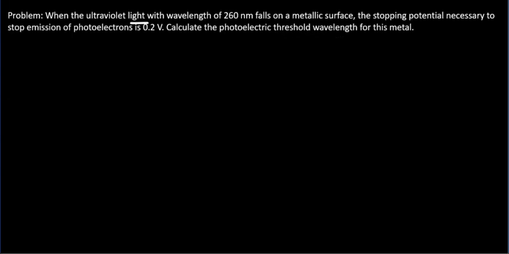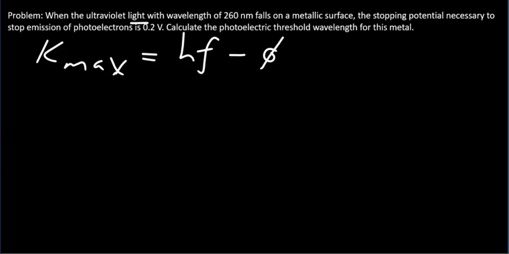So let's again write down the photoelectric equation. It is given by the maximum kinetic energy equals the energy from the photon minus the work function. In this case, the maximum kinetic energy can be expressed in terms of stopping potential as quite simply the product of electronic charge times the stopping potential.